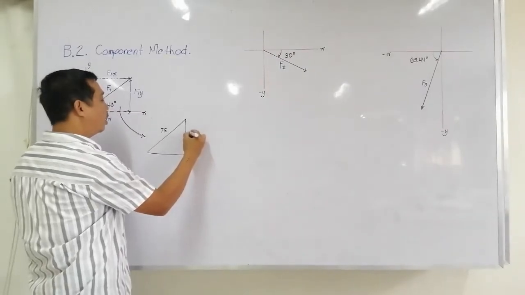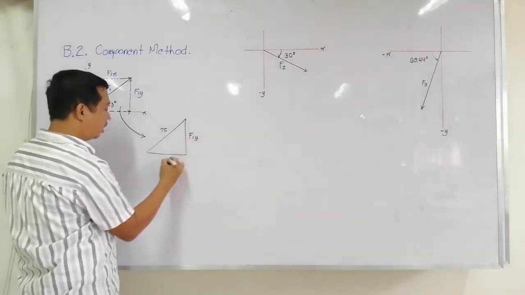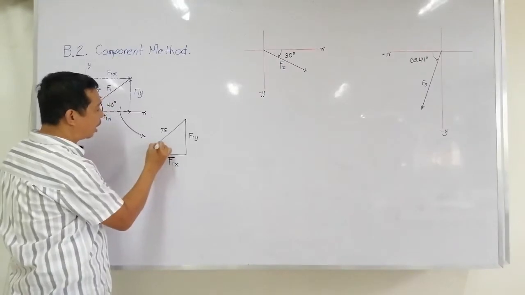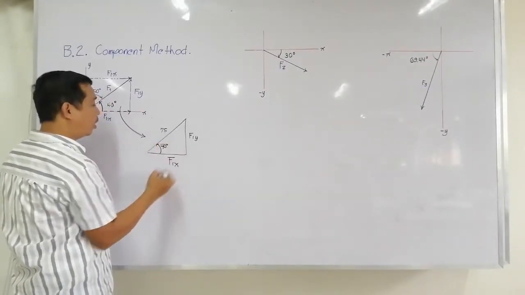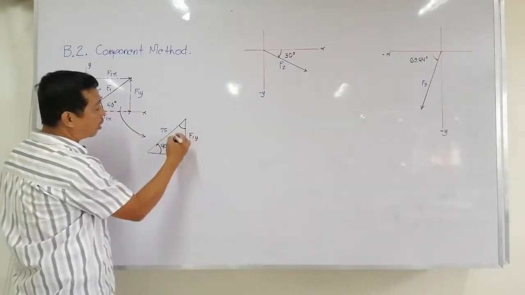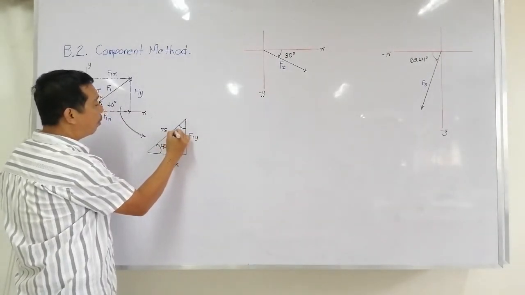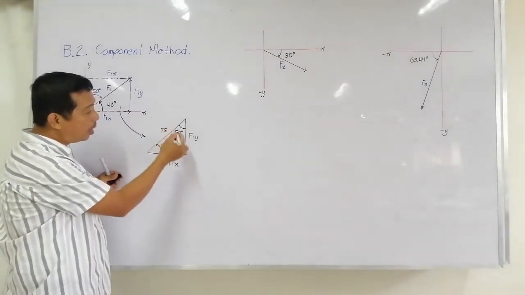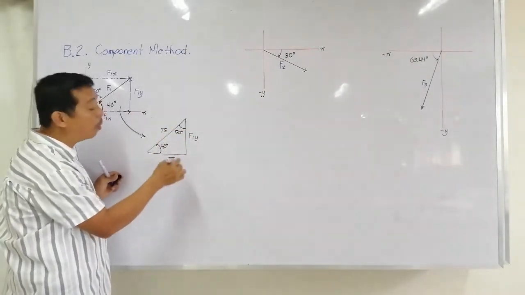This is your F1y. This is your x component of F1. This is your angle that is 40 degrees. Automatically understood, yung opposite niya, yung other angle doon, is pegged at 50 degrees. Pwedeng gamitin, pwedeng hindi. After all, solvable naman yan.